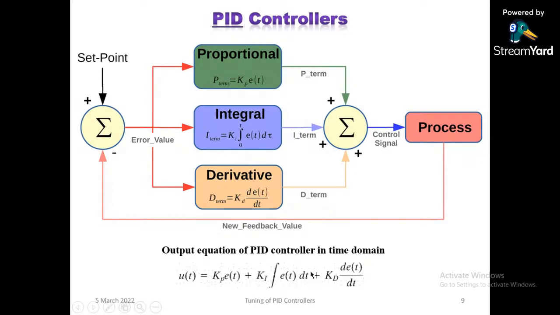This is the entire output equation of one PID controller. The term Kp E of t indicates proportional. Integral E of t indicates integral. Kd d by dt of E of t indicates derivative action. Fine?